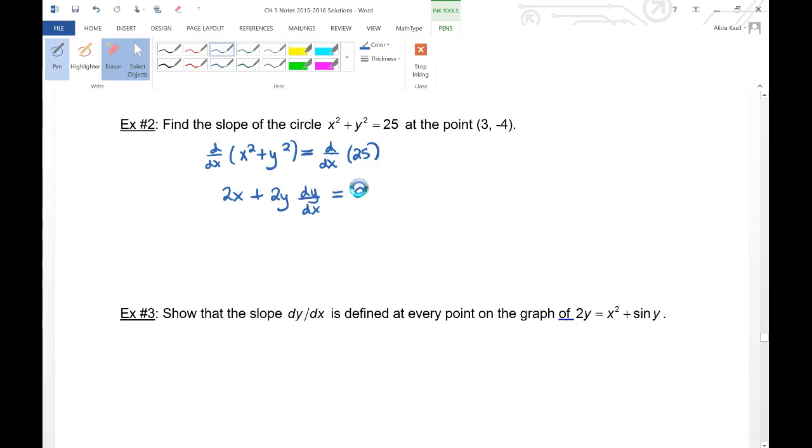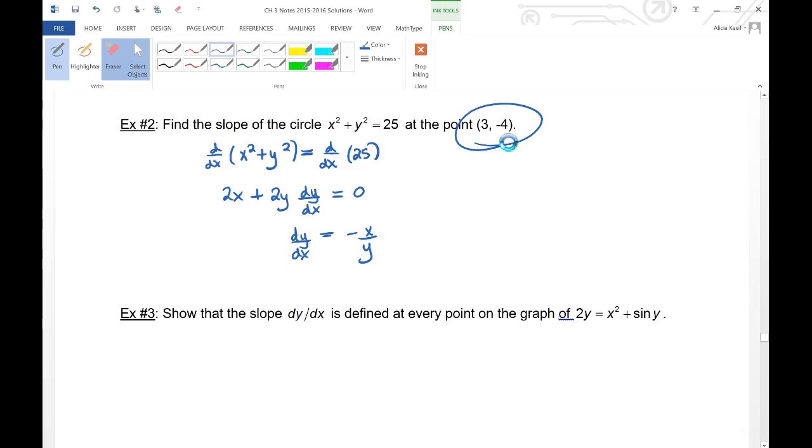If the center is at the origin, okay? If the center is at the origin, then it's always going to be x squared plus y squared. Notice the radius, we don't care. It always ends up being 0, right? So I do get dy/dx is equal to negative x over y.